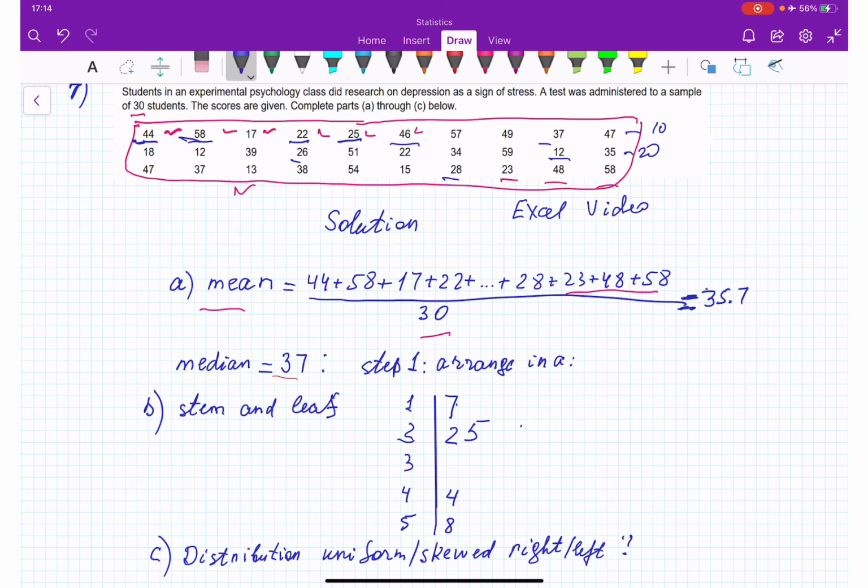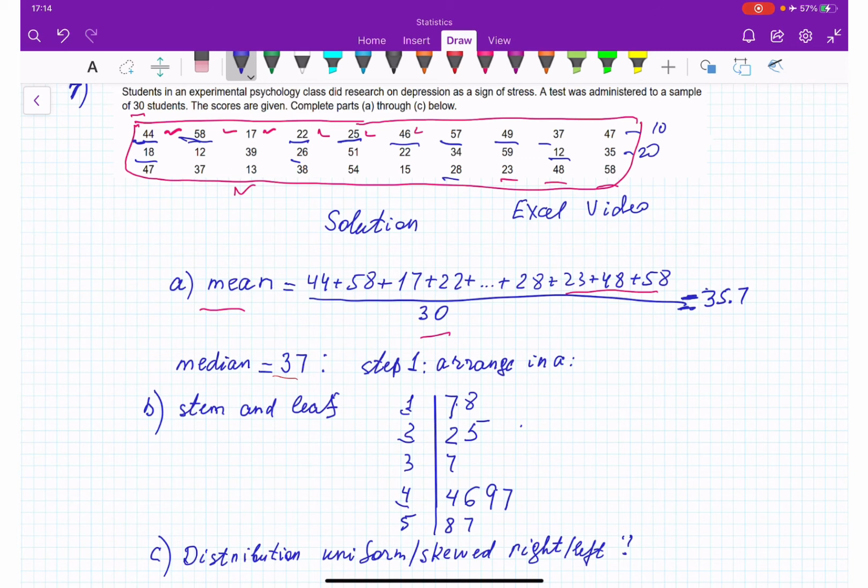Then 46, 40, and 6. 57. 49. 37, 3 and 7. 47, so it's coming here. Next comes 18, 1 and 8, and so on.